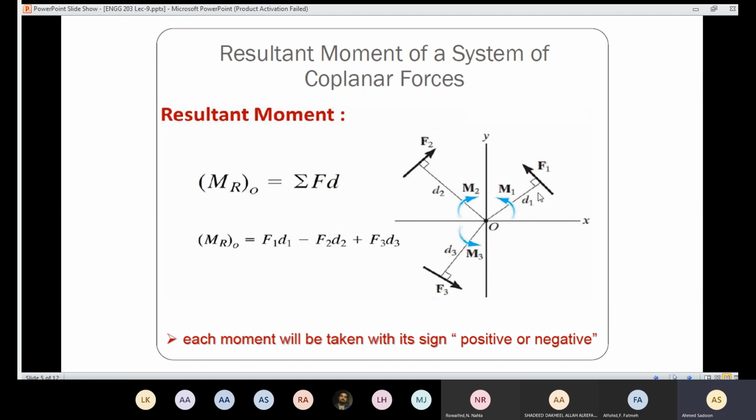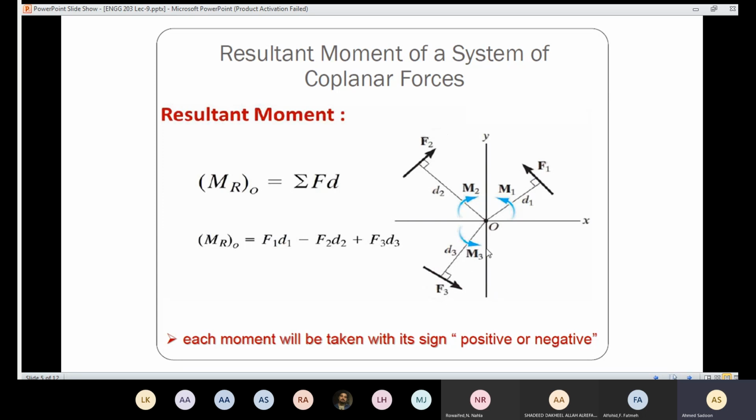If I apply the force in that direction, the moment is going to be counterclockwise. In that case, since the force is in that direction, the moment is going to be clockwise. And in that case, since the force is in that direction, the moment is going to be counterclockwise.